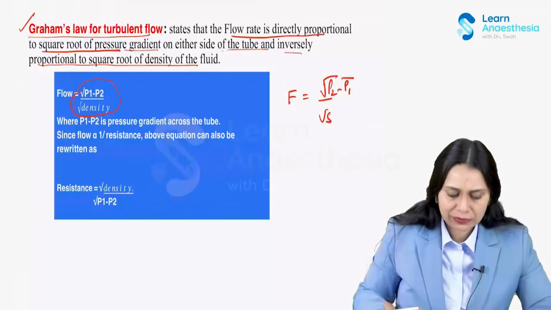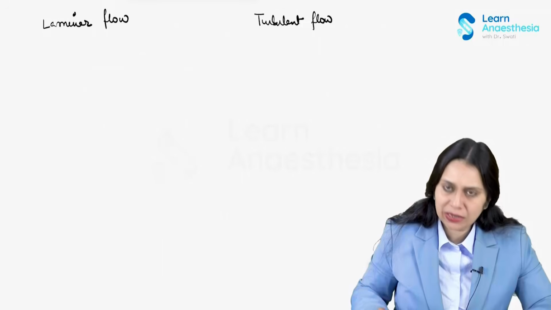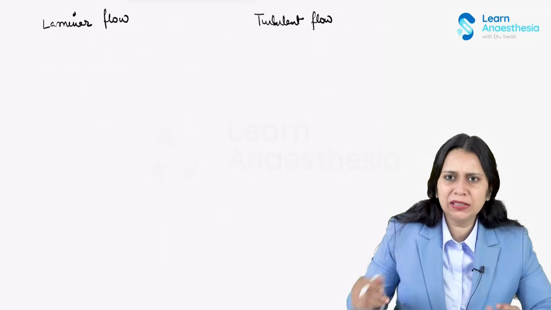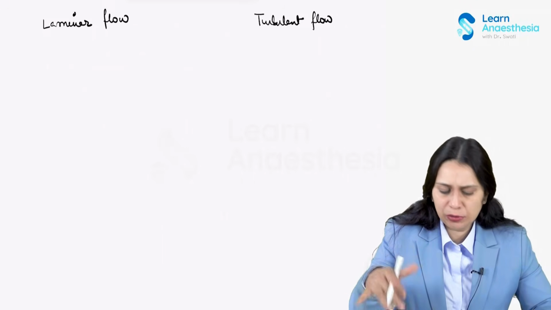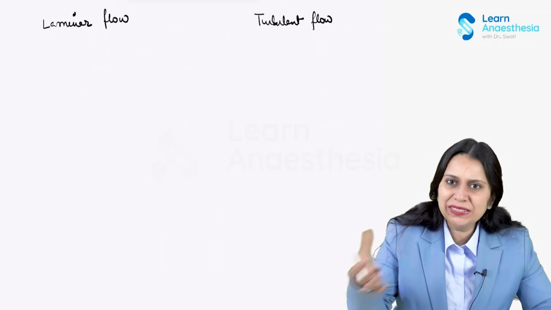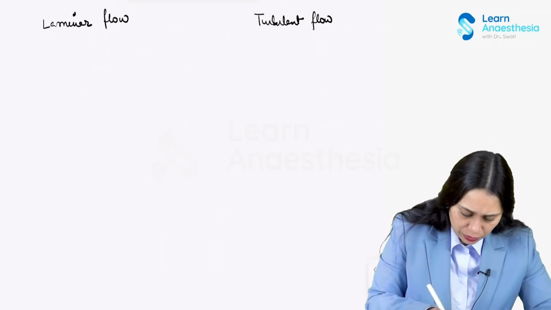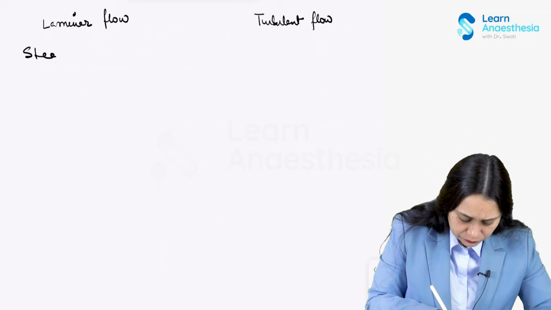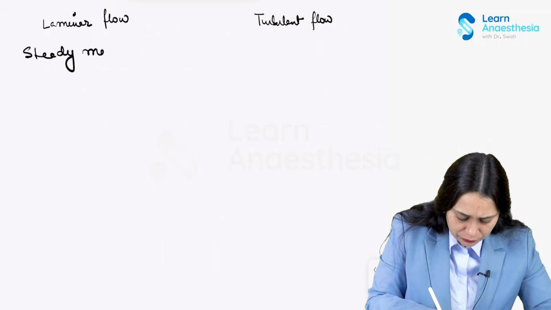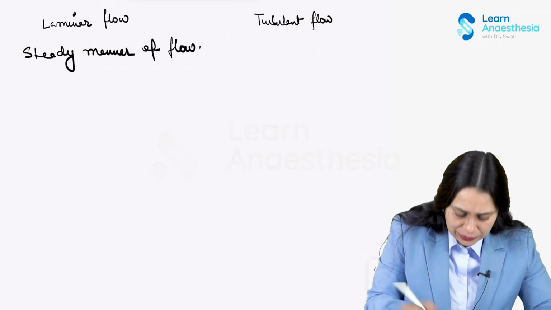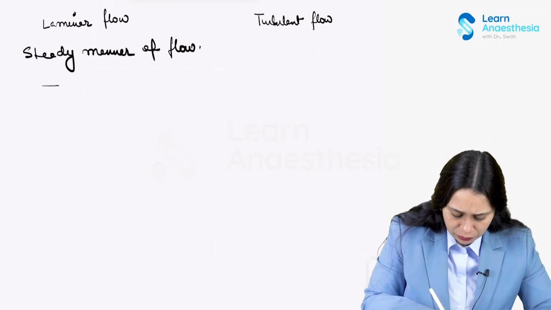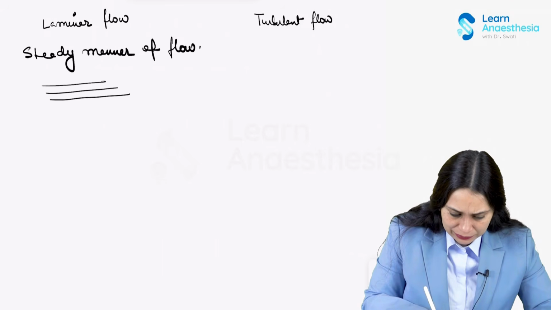So first let us discuss the difference between laminar and turbulent flow. We have already discussed it, we will just tabulate it again. As I said, flow in a steady state is laminar flow. So steady manner of flow is laminar flow. What do I mean by laminar flow? The flow is highest or greatest at the center.